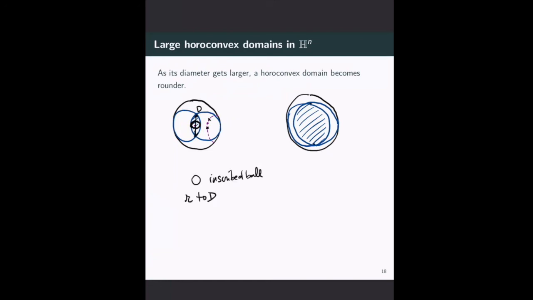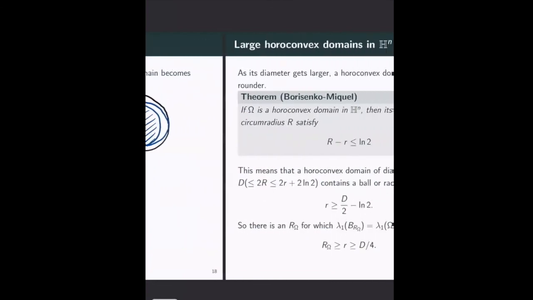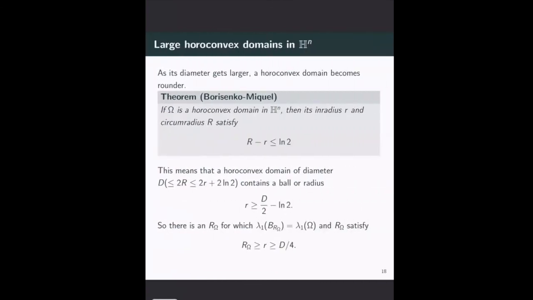And it's actually the next result. As the diameter gets large, a horoconvex domain becomes rounder. If omega is a horoconvex domain, then its inradius, which is the radius of the inscribed disk, and the circumradius, which is the radius of the circumscribed disk, satisfy this inequality.